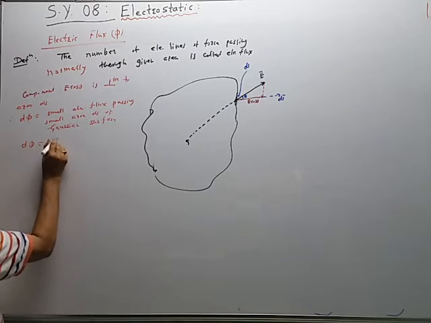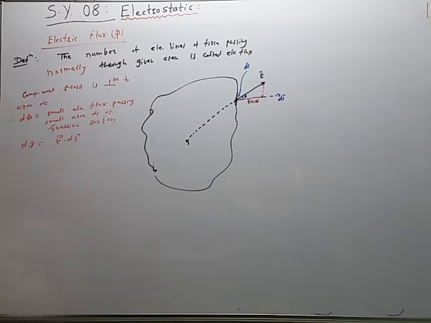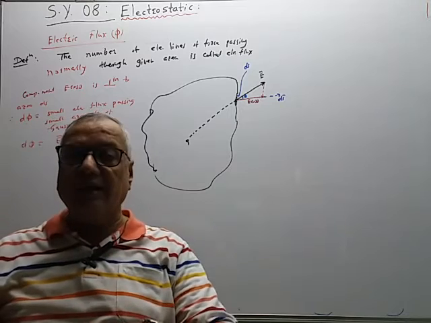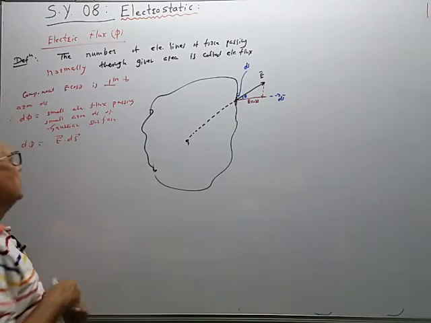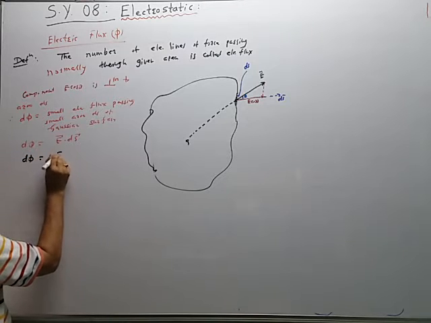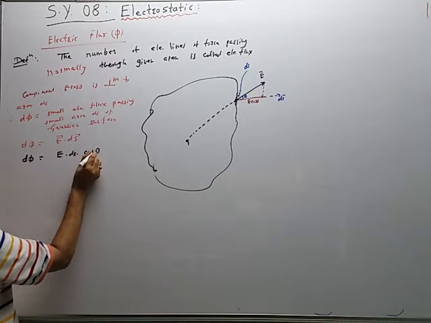So d phi is given by E dot ds. It is a dot product. Electric flux is a scalar quantity, and therefore it is given by d phi is equal to E into ds into cos theta.